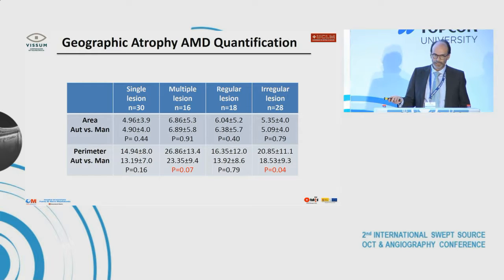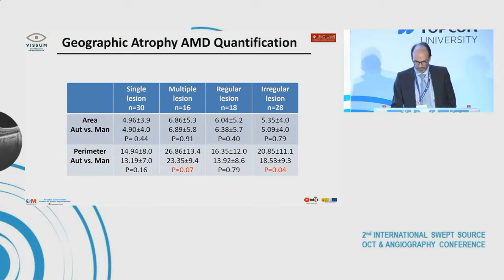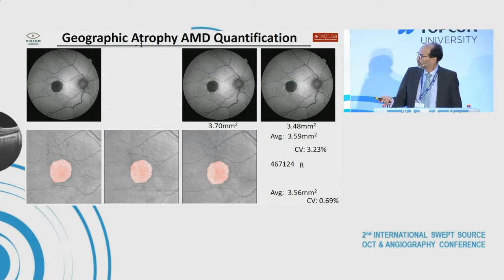If we analyze the perimeter, the second endpoint, in single lesions the measurement is 14 versus 13, no differences. It is near statistical significance in multiple lesions, and the differences are statistically significant in irregular lesions between automatic perimeter versus manual perimeter. We are going to show you some samples.